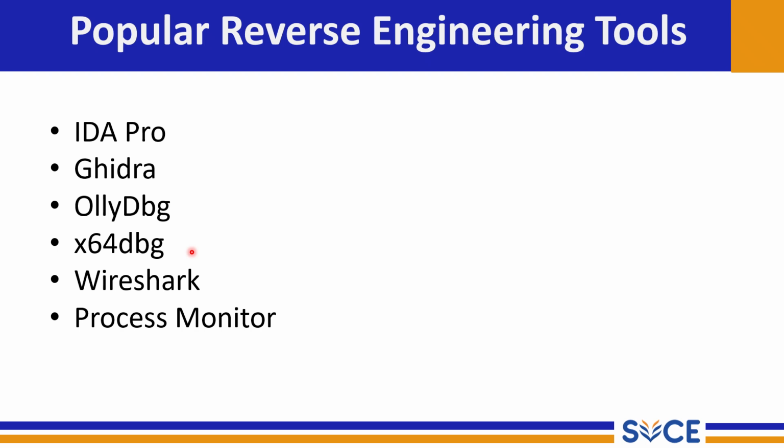And Ghidra is a free and open source reverse engineering tool which was developed by the National Security Agency. OllyDbg is a popular debugger for Windows executables. And x64dbg is an open source debugger for Windows executables, and Wireshark is a network protocol analyzer that captures and analyzes the network traffic. And Process Monitor is a Windows system monitoring tool.